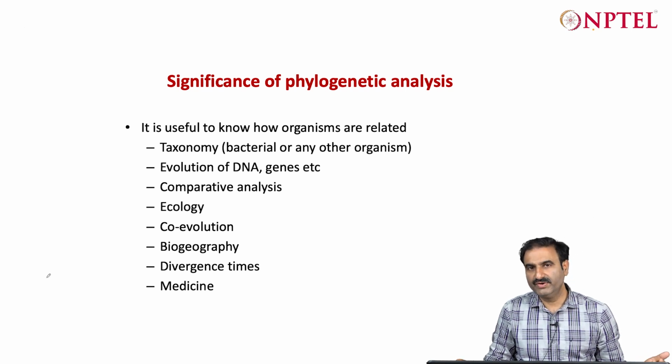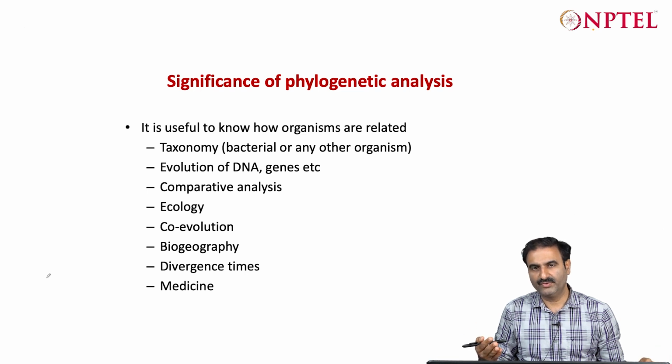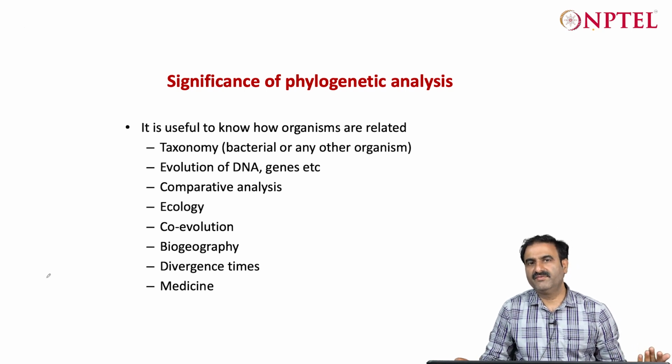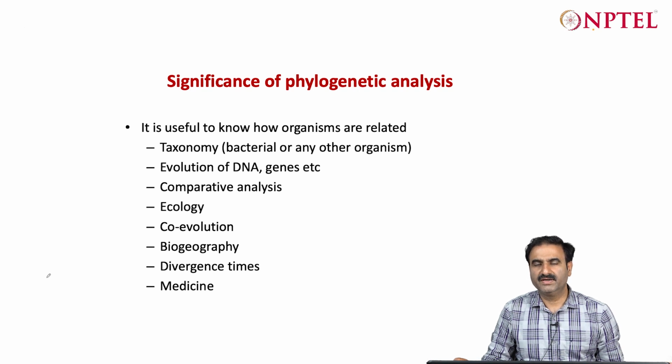We can see the coevolution of host and pathogen, like a bacterium versus a host, or a bird versus a virus. In a particular geographical region, we can see what different biological beings exist, when they diverged, and what the divergence time is, which is more applicable to eukaryotes, right?